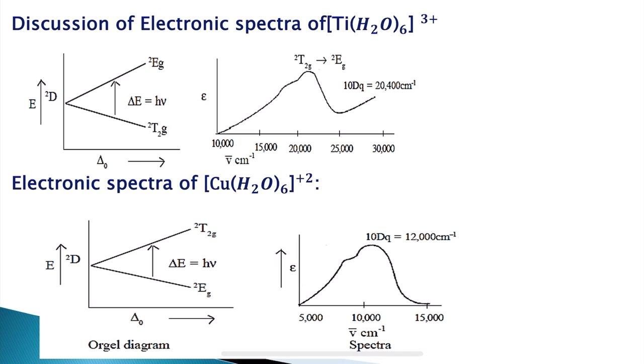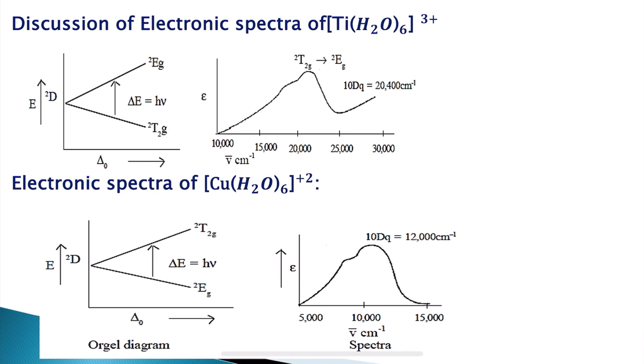So, this is the observation we have to make. This is the difference between the titanium hexahydrate and cuprous hexahydrate complex. One is an example of D1 configuration and the other is an example of D9 configuration.